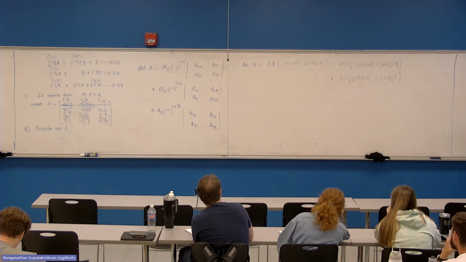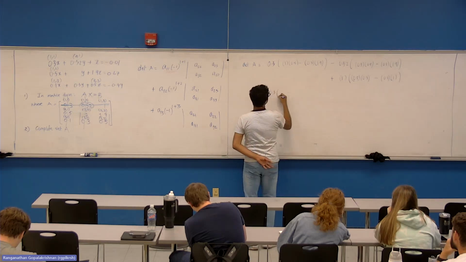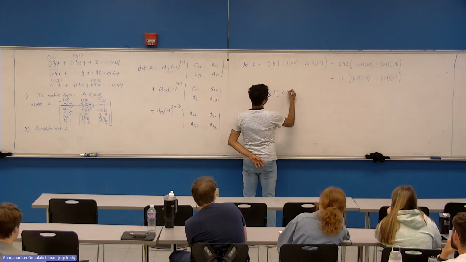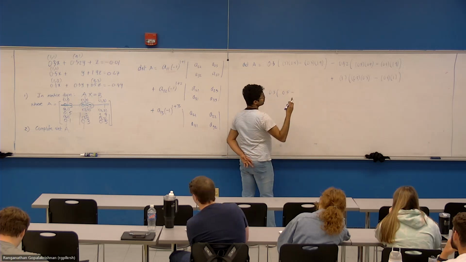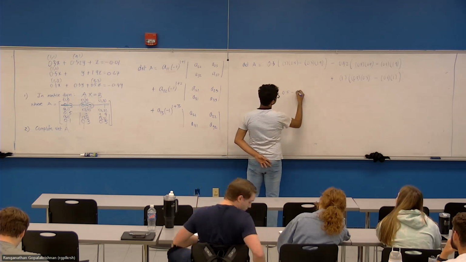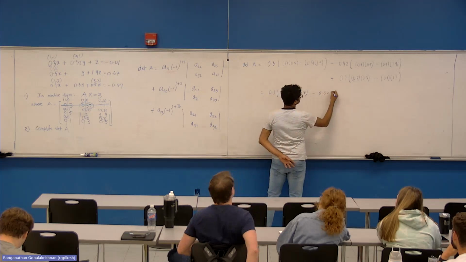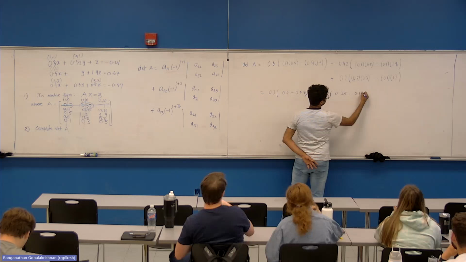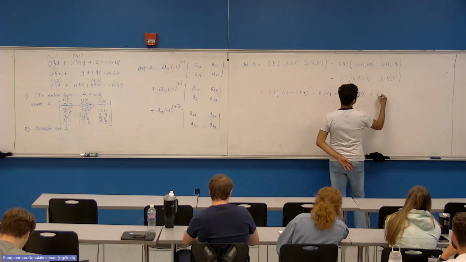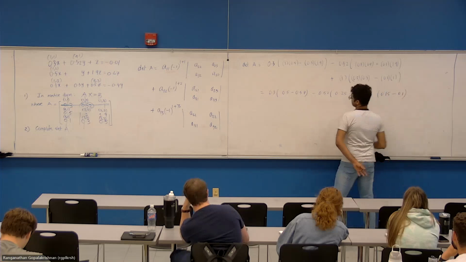What is this? You can easily do this in the calculator, of course. 0.57 minus 0.52 times 0.25 minus 0.19 plus 0.15 minus 0.1.